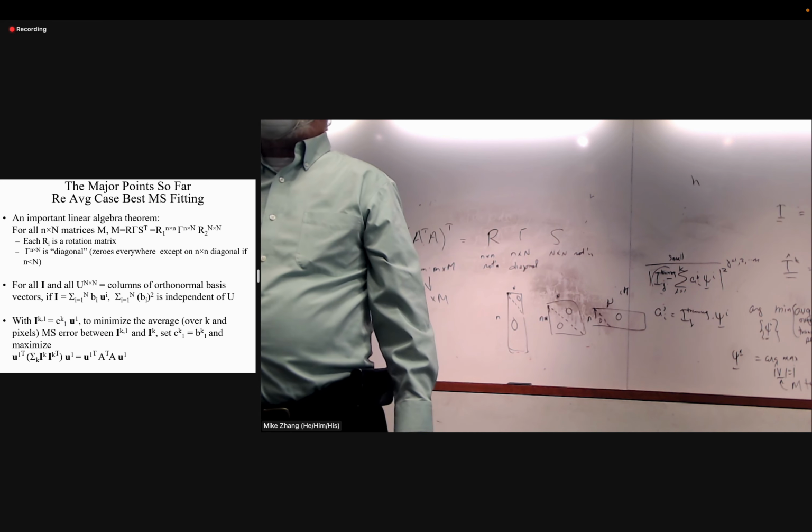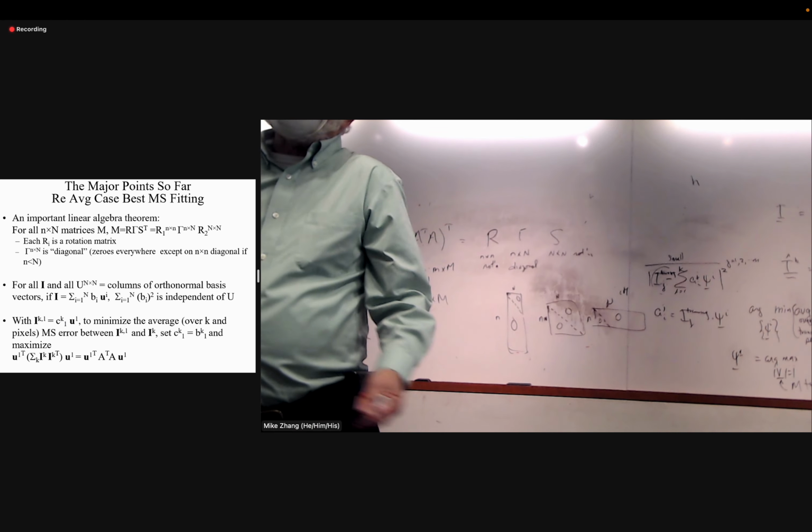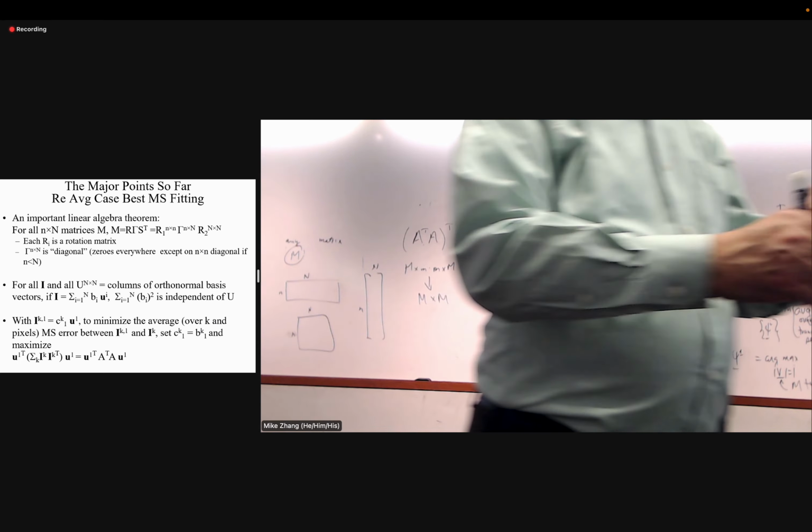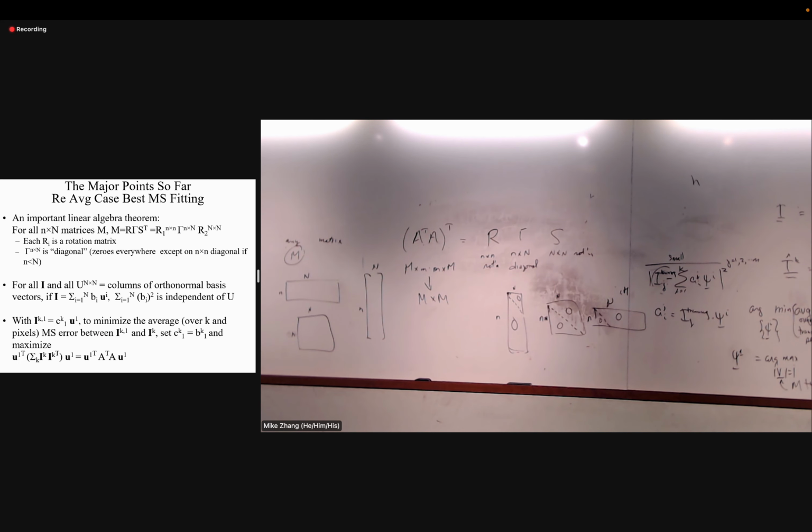Huh? Lengthening a vector by 0? Well, it just means I'm collapsing the space, right? If I have a 3 space, and I have a component of the vector that's in a direction that is multiplied by 0, it's just no longer going to have any component in that direction.